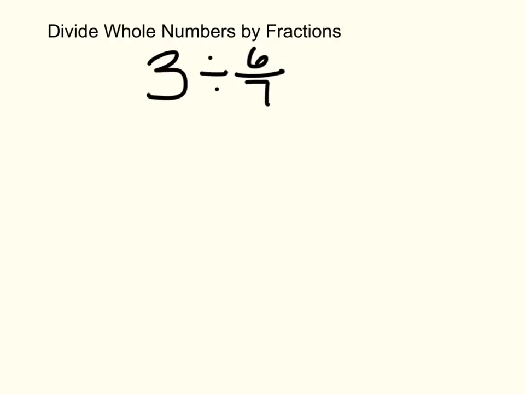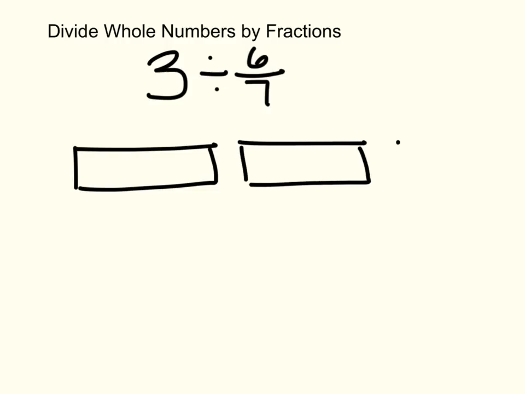The next one we're going to look at is 3 divided by 6/7. First step again, draw my dividend. 1, 2, 3. So now I have my dividend. That 3 is represented. Next thing I want to do is, because there are whole numbers and there's nothing to worry about, each one of these is an equal whole value.